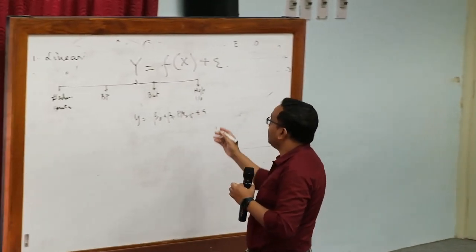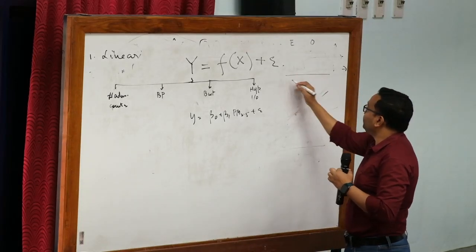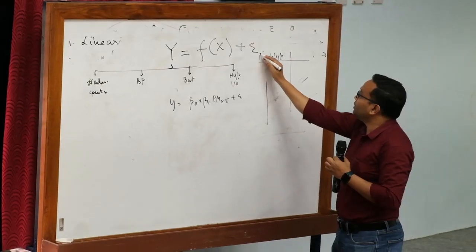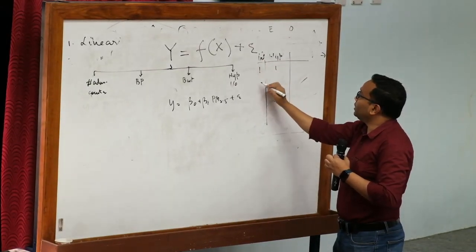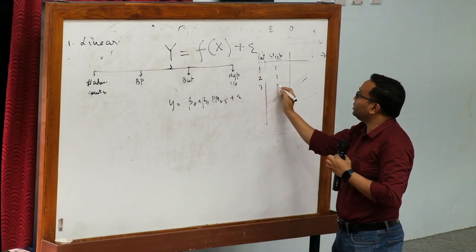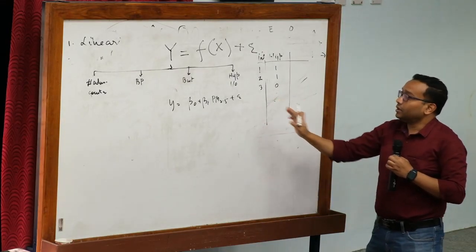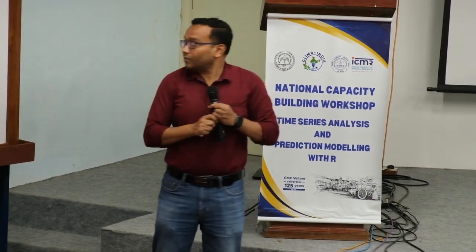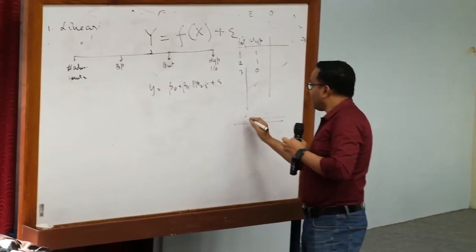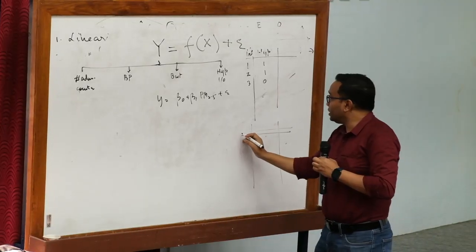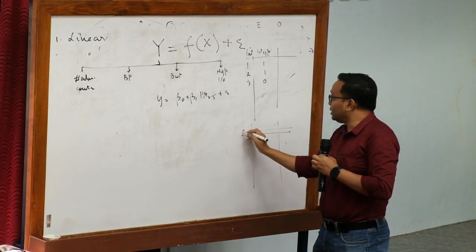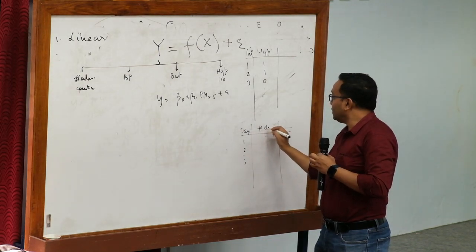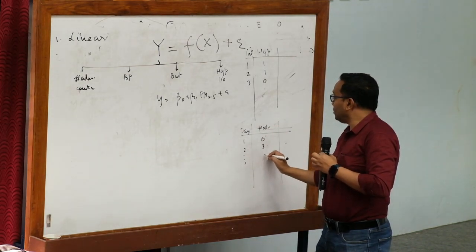How would you transform a 1-0 variable? So let's say you have data which is hypertension yes or no for individuals. So the first person has hypertension, second person has hypertension, third person doesn't have hypertension. How would you transform this? How do you get the logit function? So let's say this is another one, this is day. So day 1 to a number of admissions. There can be 0, 3, 1.